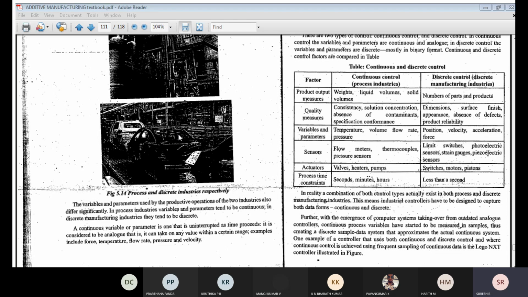Kindly reply. Pawan Kumar. Sir. Any doubt? No, sir.